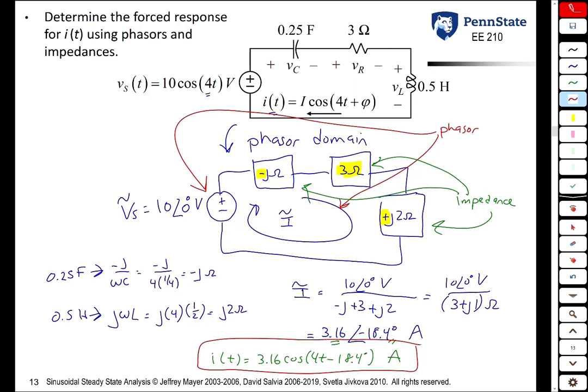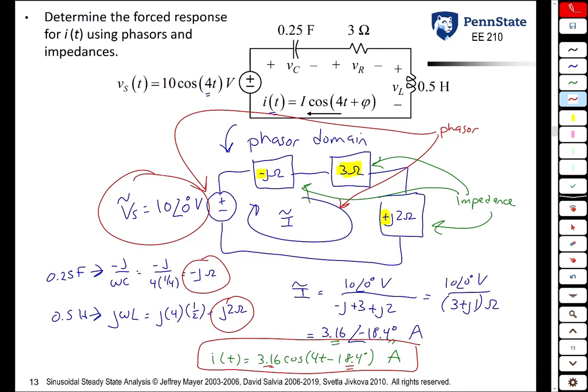Once again, compare the amount of work in this problem to the first attempt where we had an entire page of trig to get these same two values. All you need to do here is convert the capacitor to its equivalent impedance, convert the inductor to its equivalent impedance, convert the voltage source to its equivalent phasor, and then treat everything like a resistive circuit and use Ohm's law.